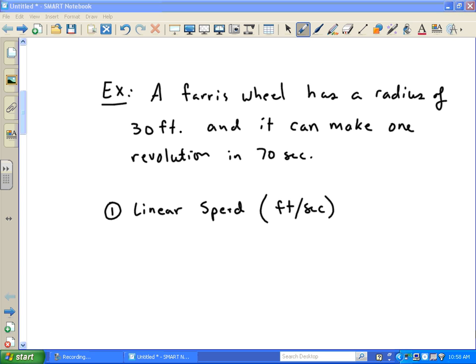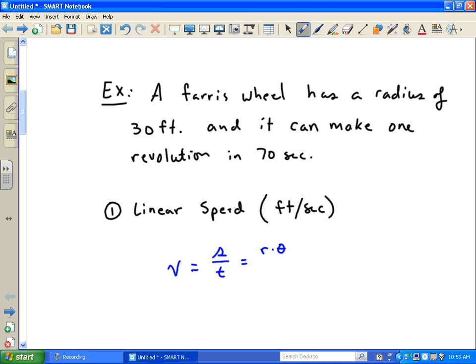Okay, the formula for linear speed, we say it's V equals S divided by T, or R times theta divided by T. We'll look at this information and we'll see what we've been given to figure out which formula to use. Okay, from here, you all agree that they haven't given us any kind of an arc length, so it's probably better to use the second part of that formula.